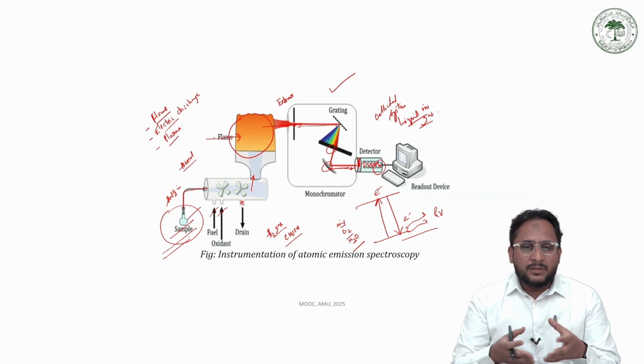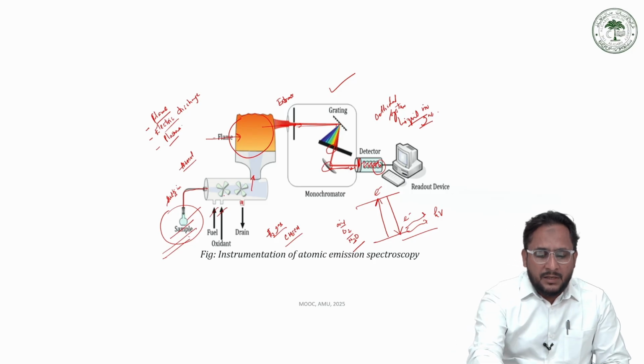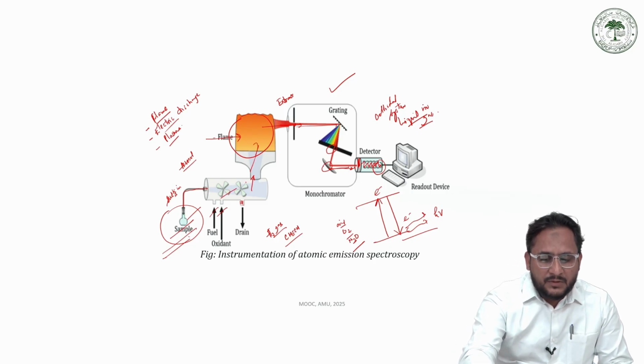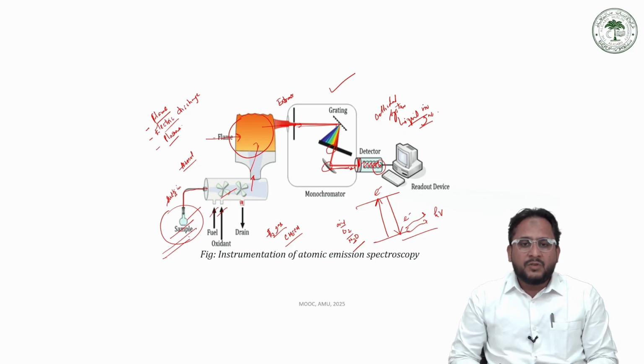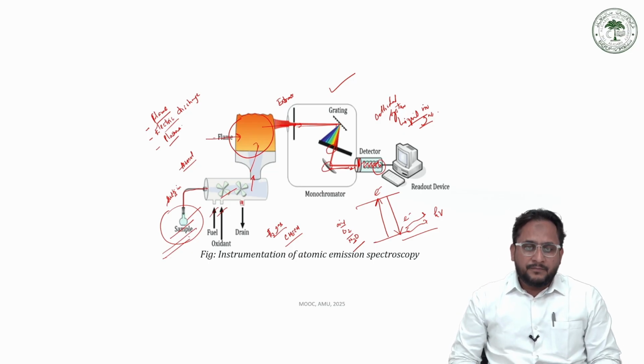It may be tap water, wastewater, or water from a river, of course after filtering the river water, because it must not contain any suspended impurities, as they will block the pumps or the pipes which connect the nebulizer with the atomizer. So we avoid such suspended material, and in addition to water samples, the same technique can be used for analysis of blood, urine, serum, or any other sample like juice samples in industries.